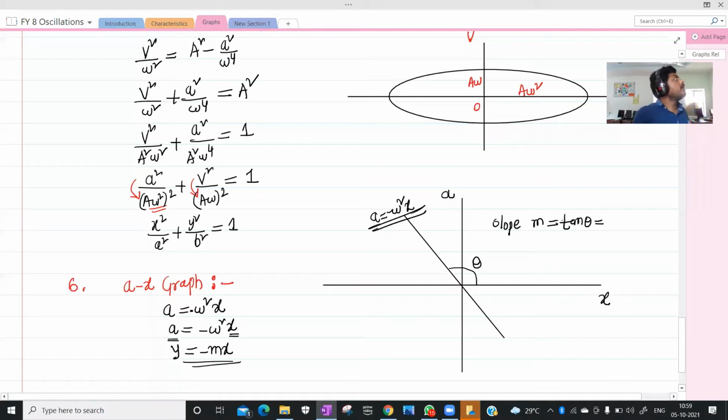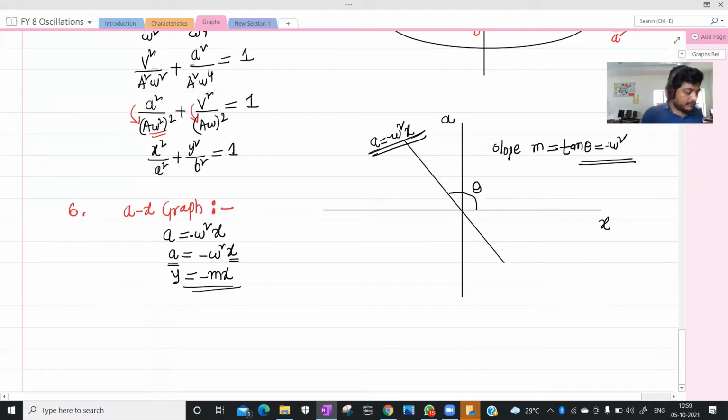So the slope is minus omega square. This is the a versus x graph. Is it fine?